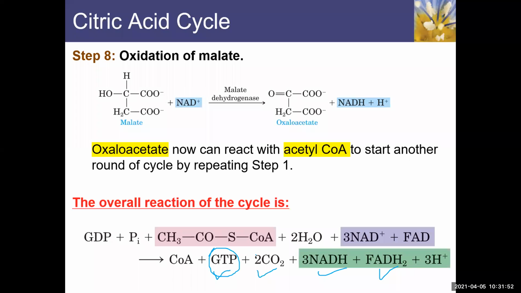This is important for us. So we will take this NADH and FADH2 to the next level now, and then we will produce the ATP out of it, right? That we will do in the next part. Okay, this NADH and FADH2 we will use in the electron transport chain, which is the second part of this chapter.